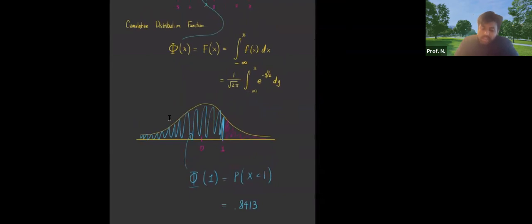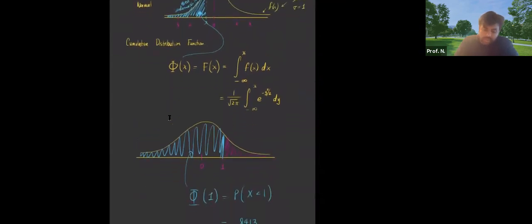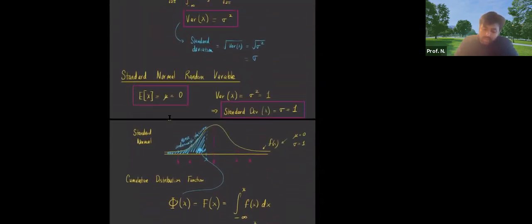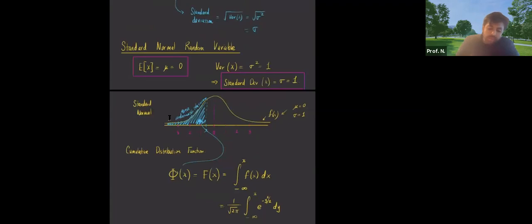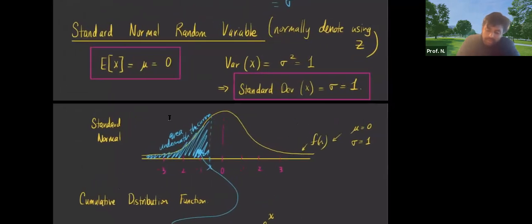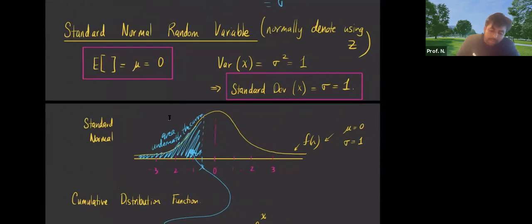And let me just say one last thing, and then we'll end. The standard normal distribution we normally denote using z. So I'm going to replace this with z.